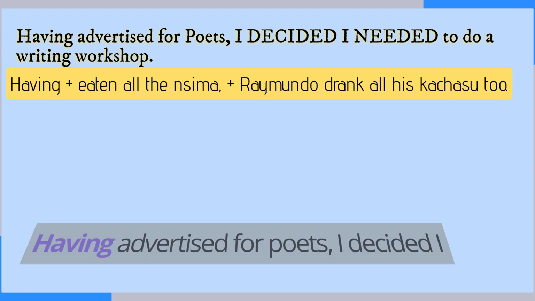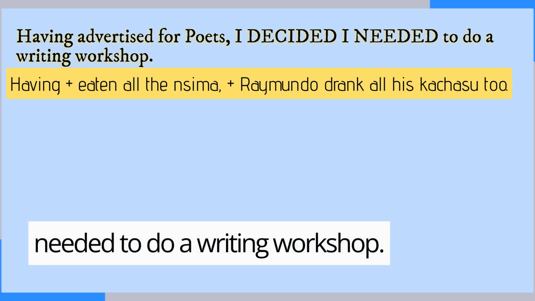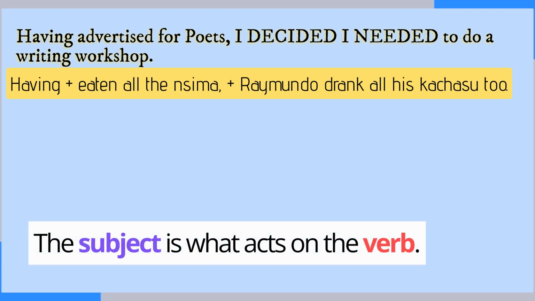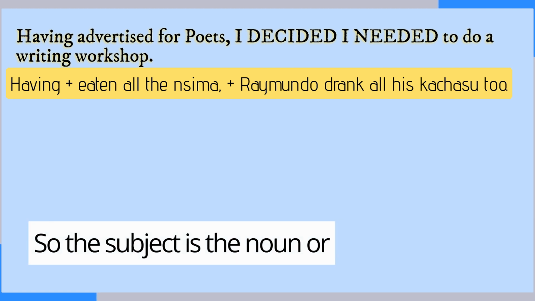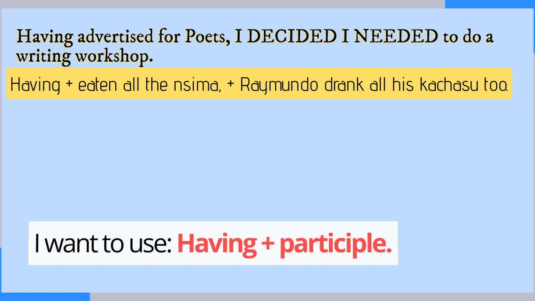Having advertised for poets, I decided I needed to do a writing workshop. The subject is what acts on the verb. So the subject is the noun or pronoun that acts. I want to use having plus past participle.